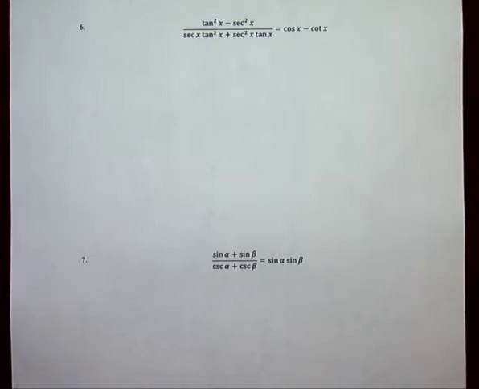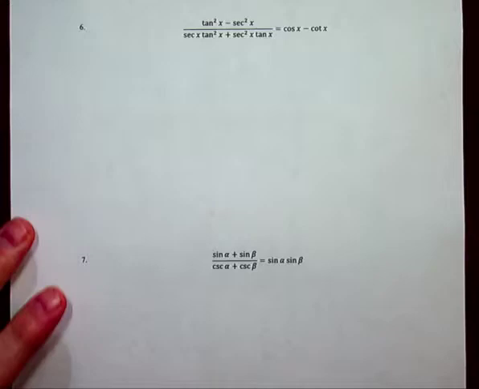Now, the numerator is tangent squared minus secant squared. Now, that is not a recognizable Pythagorean identity, but secant squared minus tangent squared is. And so if secant squared minus tangent squared is 1, then tangent squared minus secant squared is simply -1. You could change the numerator into -1 using a Pythagorean and then just set off to the races.